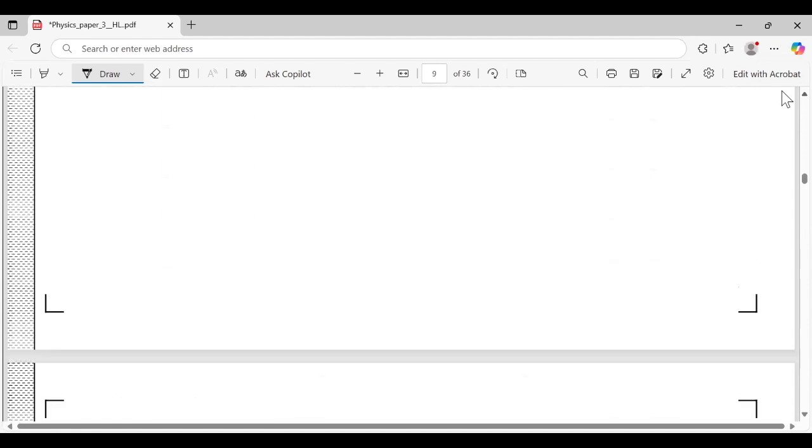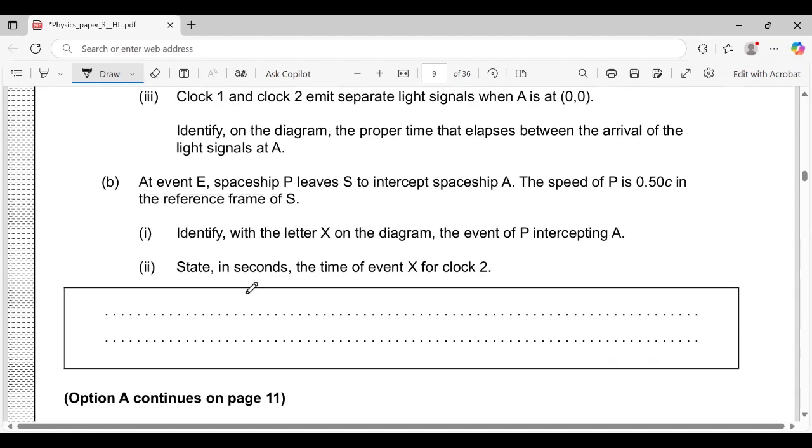Sorry. State in seconds the time of event X for clock 2. Okay, 8 kilometers equals 8,000 meters.